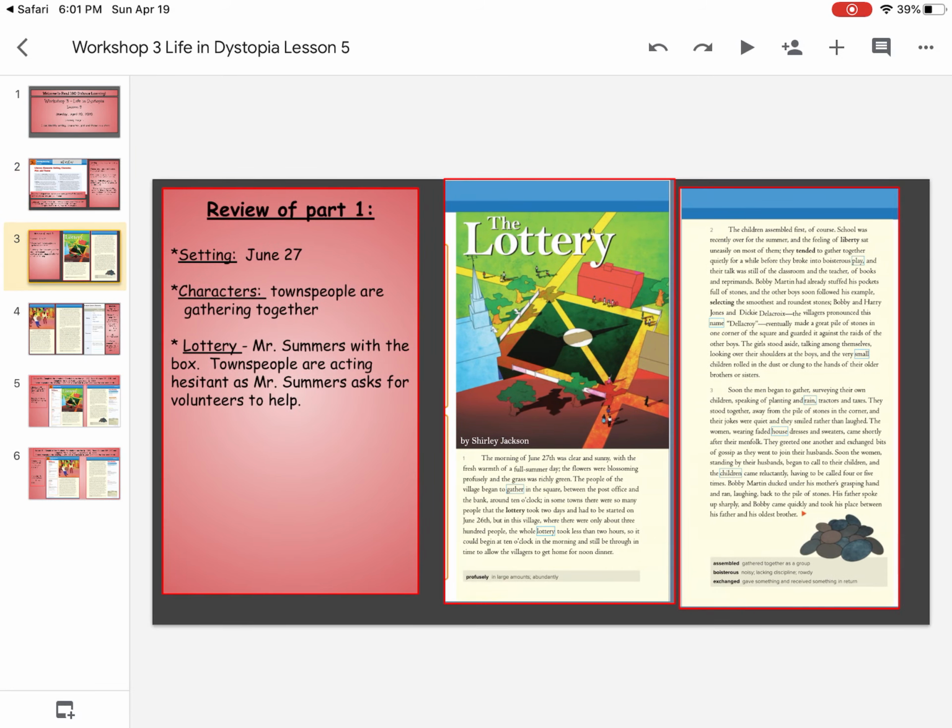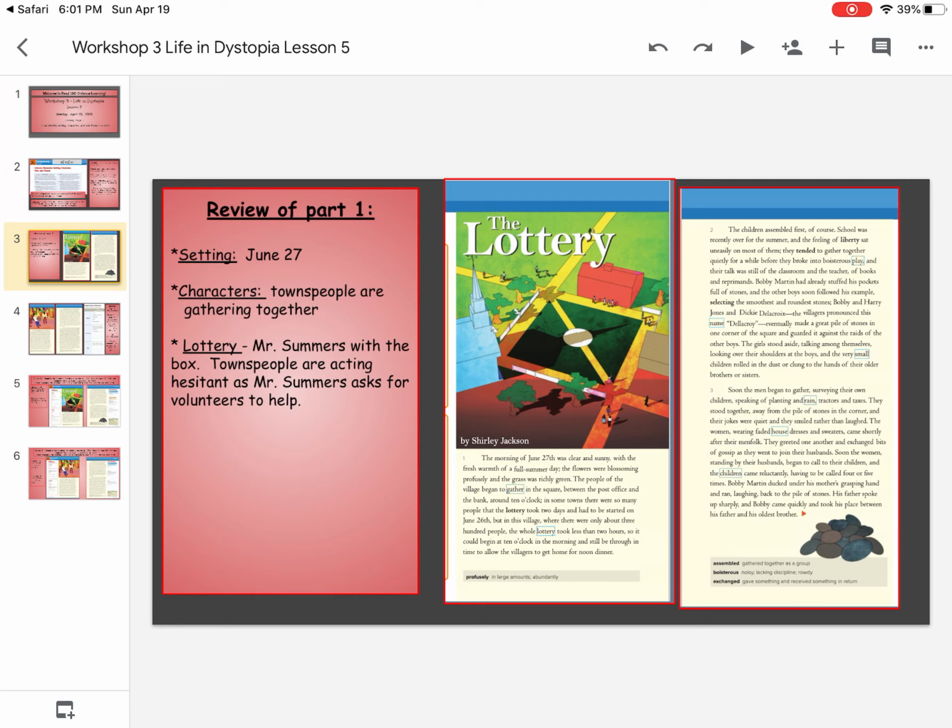Okay, so let's review just part 1. The next 2 slides actually have part 1, so you can go back and look at anything that you need to. But really, if we look at the setting, we know that it's taking place June 27th. We know the characters, there's not just one, there's several.